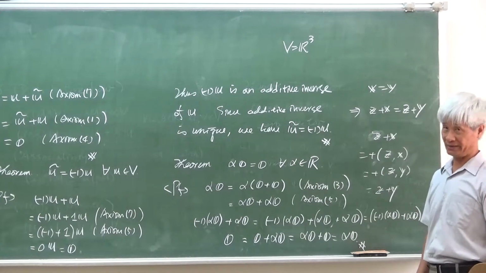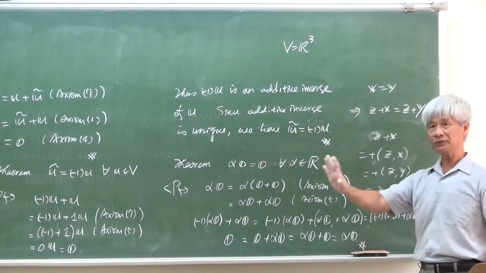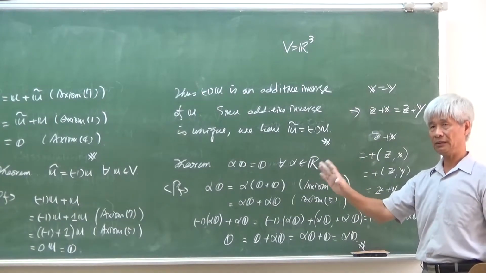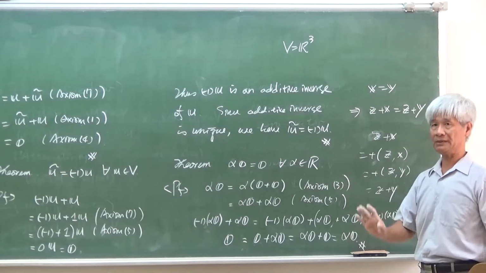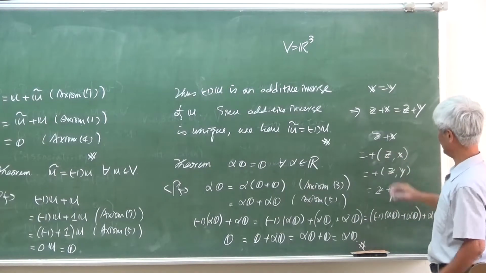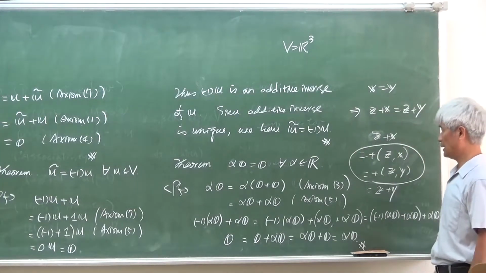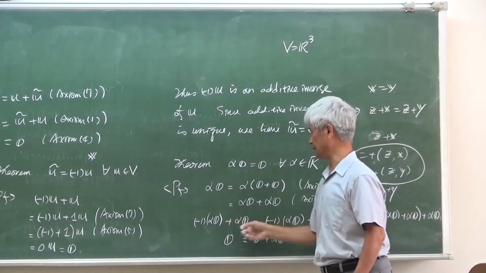It's a very good question, because you push back to the origin of the definition of vector space. So that is a very good question. So I could say it is here. Okay, and so that I can add them together.